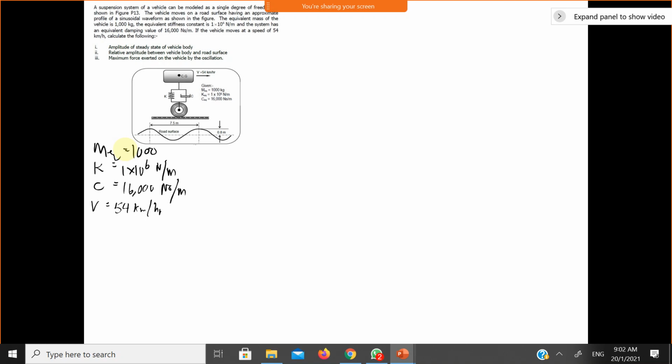What can we define 7.5 meter as over here? And what is 0.8 meter? What is it? Displacement. What kind of displacement?